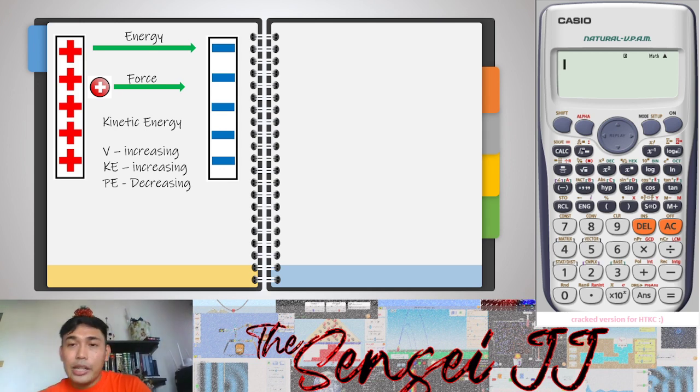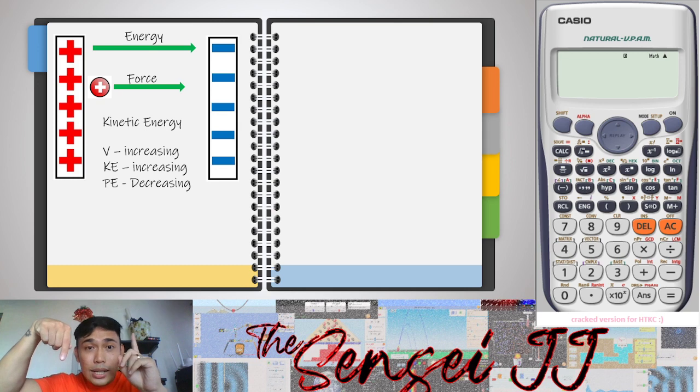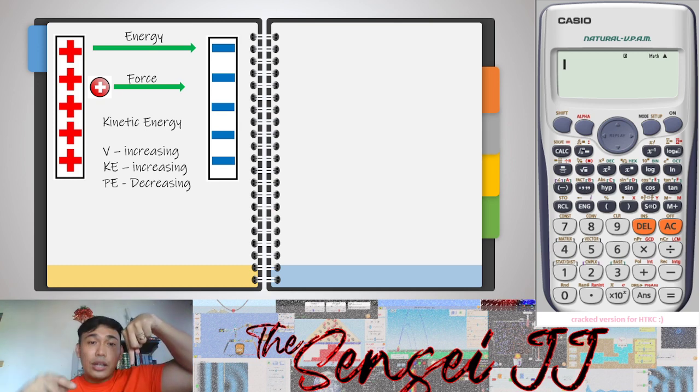Okay, so in this case, if an object is moving, the potential energy is decreasing kasi hindi na naman siya potential once it moves. Automatically it will be transferred to the kinetic energy side. Okay, that's why here if the kinetic energy is increasing, the potential energy is decreasing. Once the kinetic energy is decreasing, automatically our potential energy is moving up or increasing.